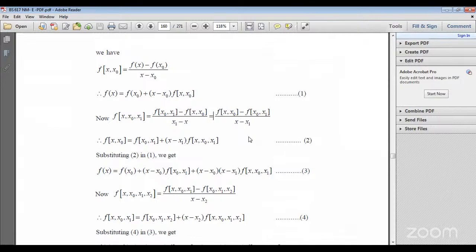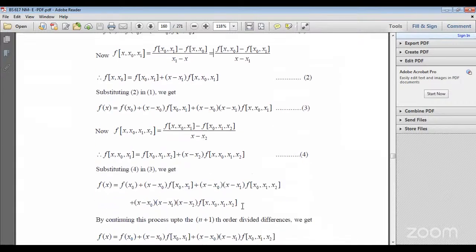Substituting, f of x is equal to f of x0 plus x minus x0 times f of x0 x1, plus x minus x0 x minus x1 times f of x0 x1 x2, plus x minus x2 times f of x comma x0 x1 x2. Substituting these values we can get here.